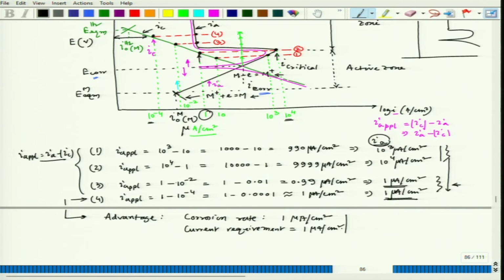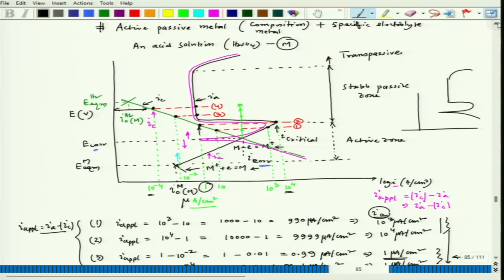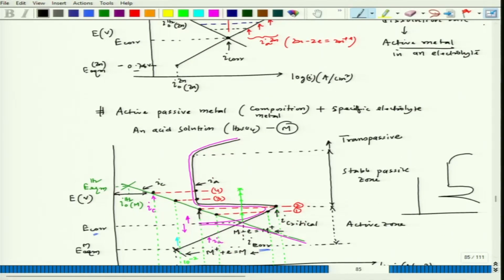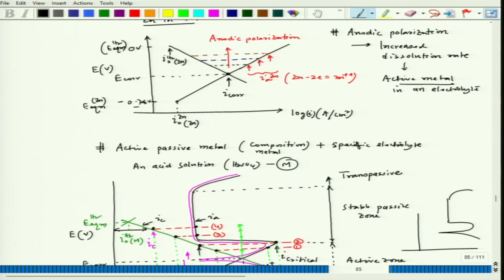Now, we could sense that by doing anodic polarization in the case of an active metal, I see that the corrosion rate is increasing exponentially, because in the log scale it increases at a very large rate, just like in the case of zinc in HCl.